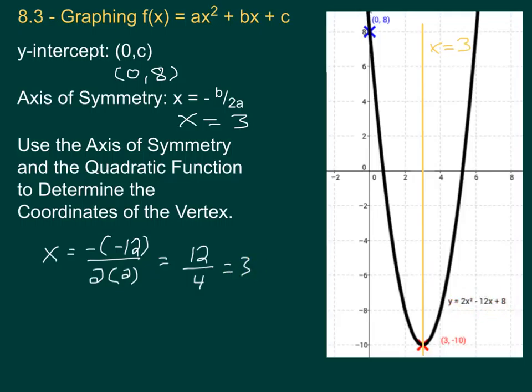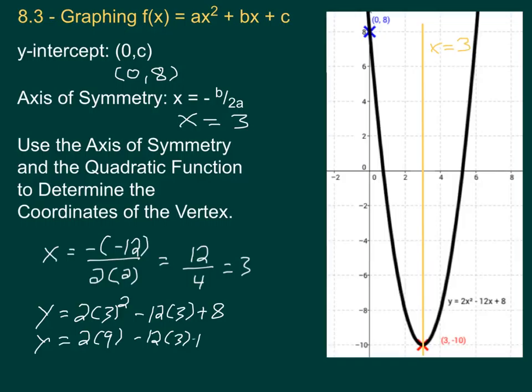And so I would do y equals 2 times 3 squared minus 12 times 3 plus 8. Using the order of operations, 3 squared is 9. Minus 12 times 3 plus 8. Then I'll just finish this up here. Do the multiplication.